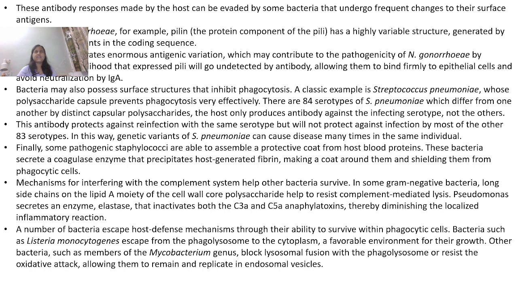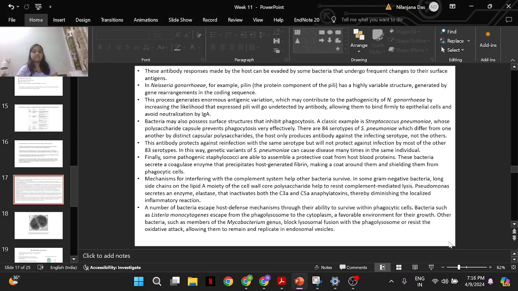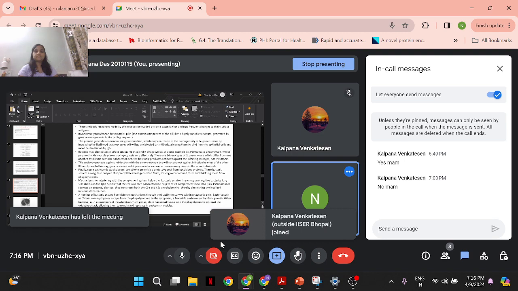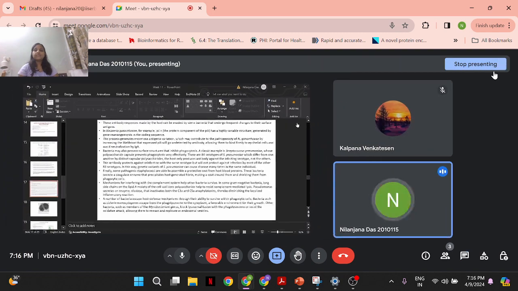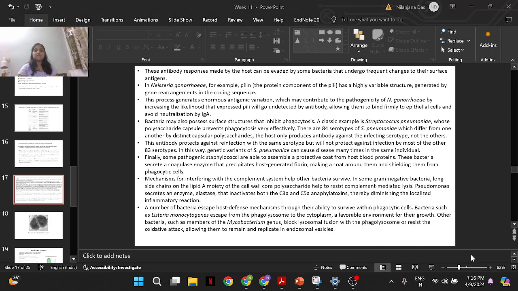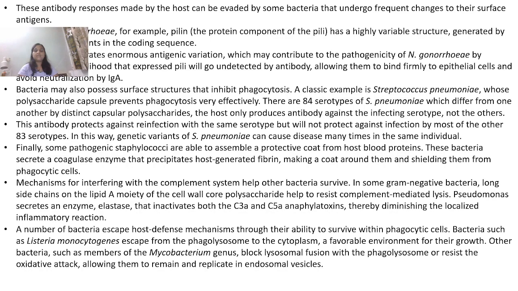So these are the different strategies opted by different kinds of bacteria to evade the immune response.